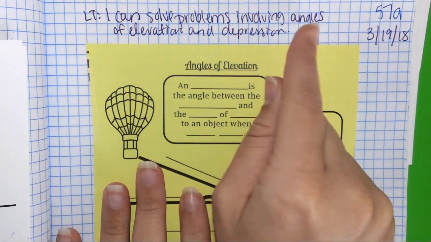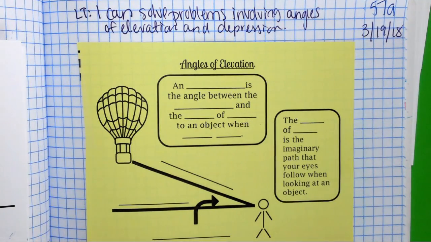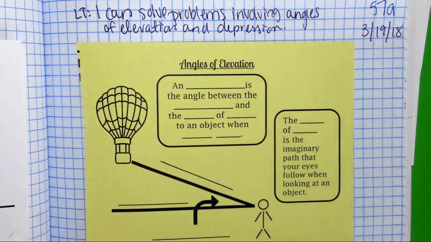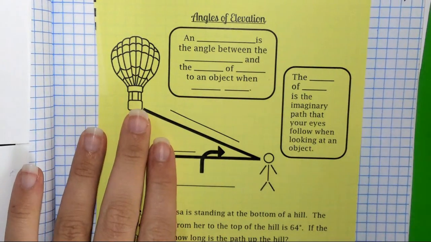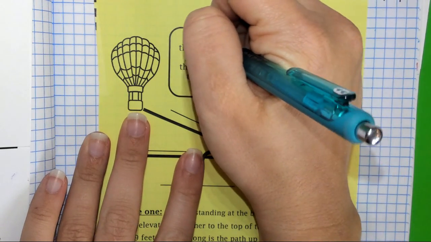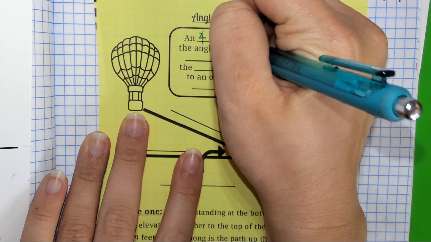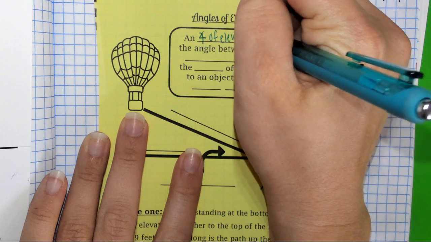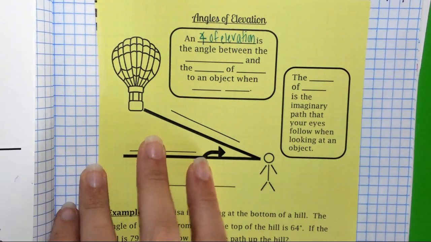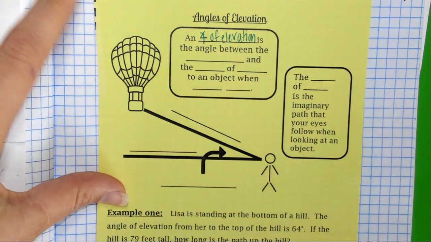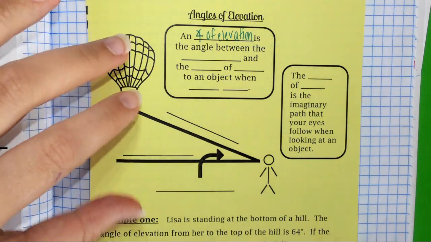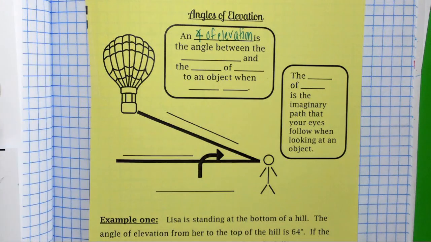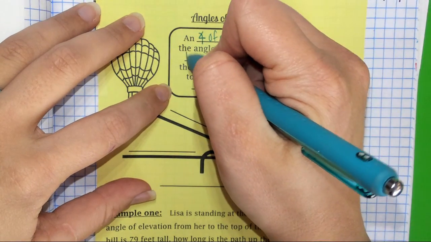Alright, so I can solve problems involving angles of elevation and depression. So what does elevation mean? Going up, okay? Alright, so an angle of elevation, and that's what I want you to squeeze into that first blank. Angle of elevation is the angle between the horizontal.